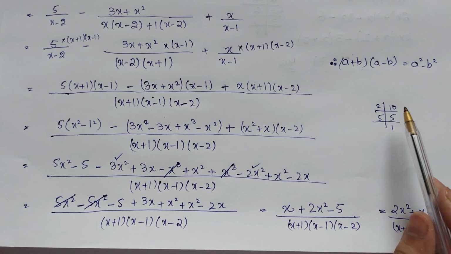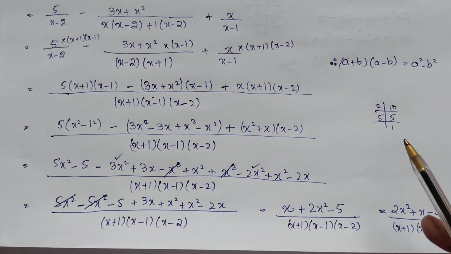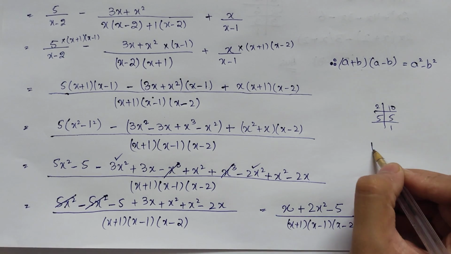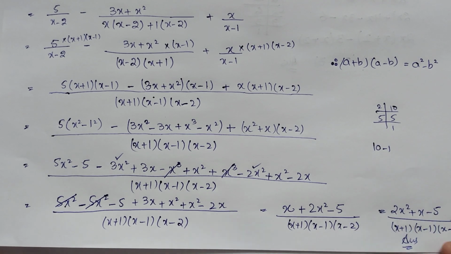And 1 is a factor of every number, so you can do 10 minus 1 or 10 plus 1. So it is not possible that we get 1. So this is your answer. This is the simplification we have done.